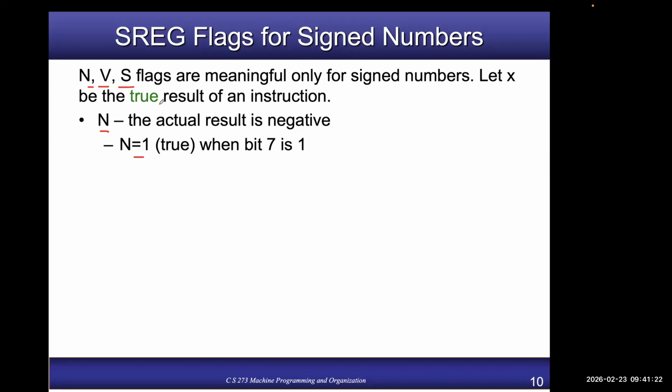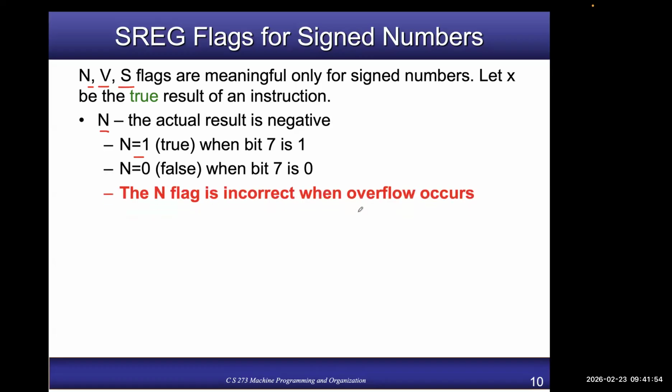But again, this flag is meaningful only when we know that the numbers we are working with are signed numbers. If the numbers you are working with are unsigned numbers, then you don't need to care about the N flag or S flag. And if this bit is equal to zero, then it means that the result of adding two signed numbers or subtracting two signed numbers is positive.